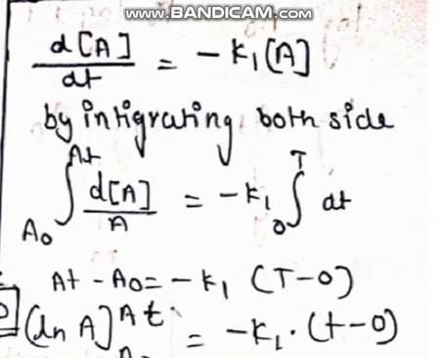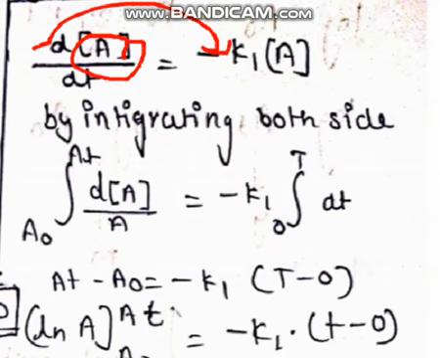dA upon dt, the sign of minus can be moved from the right side to the left. Then integrate the equation on both sides. A, that is the concentration of reactant A, is going to be integrated from A0 to At.